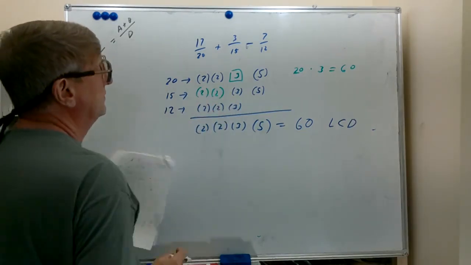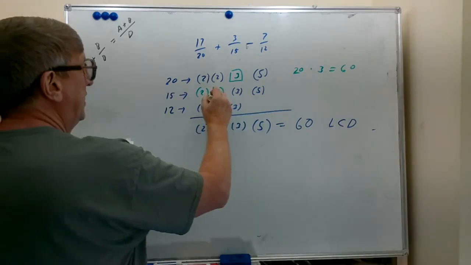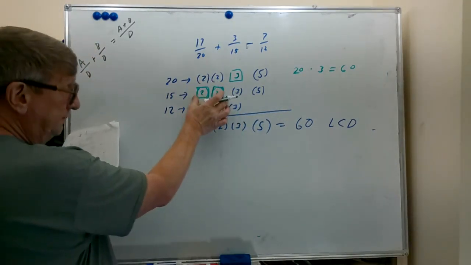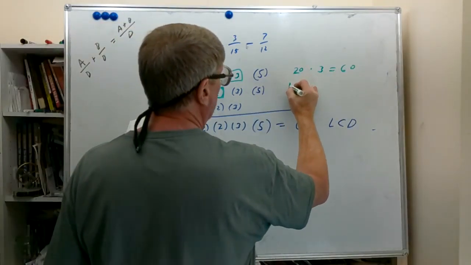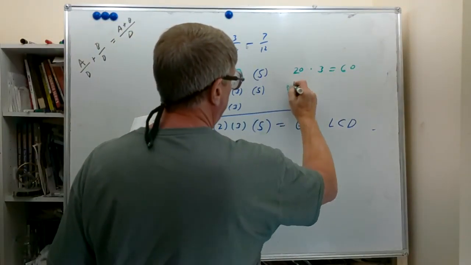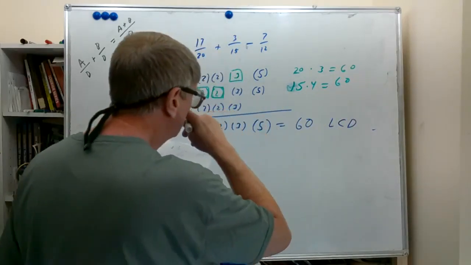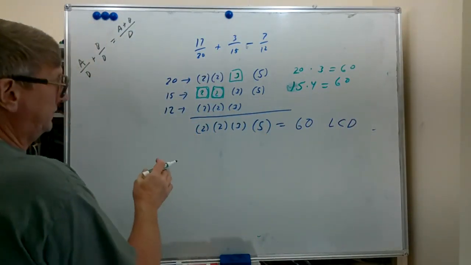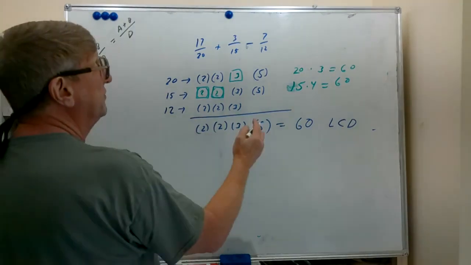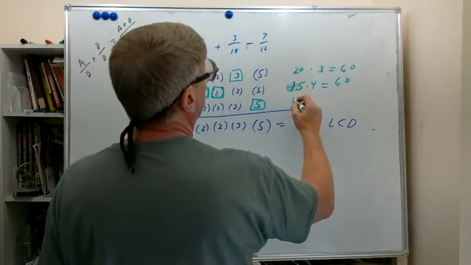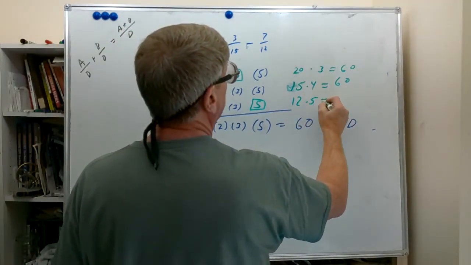There's 2 of those, which I'd like to put boxes around. And 2 times 2 is 4. And in fact, 15 times 4 equals 60. The missing factor in the 12 is the 5. And in fact, 12 times 5 equals 60.